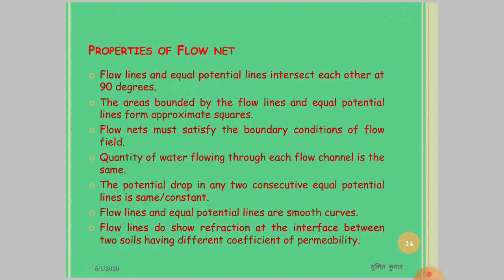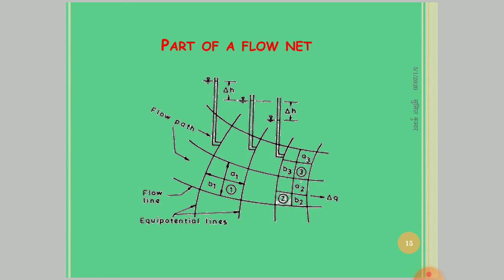Flow nets must satisfy the boundary conditions of the flow field. The quantity of water flowing through each flow channel is the same. That is, the discharge in field 1 will be the same as the discharge in field 2.